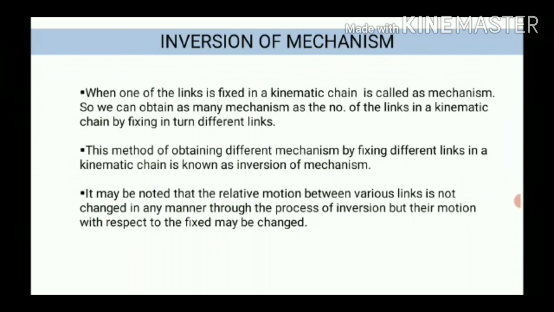What happens? We know that the connecting rod has a rotary motion and the piston has a reciprocating motion inside the cylinder.